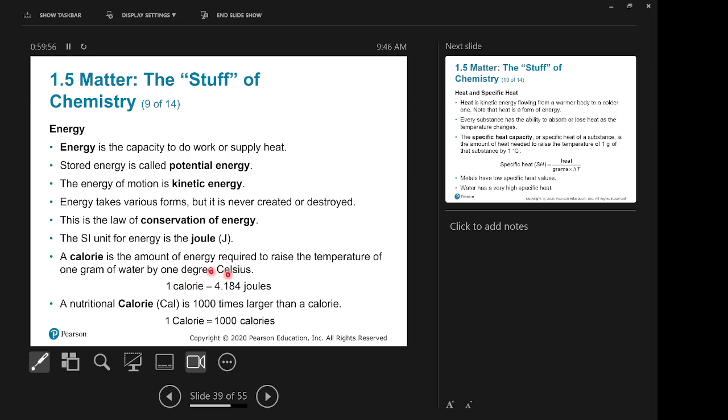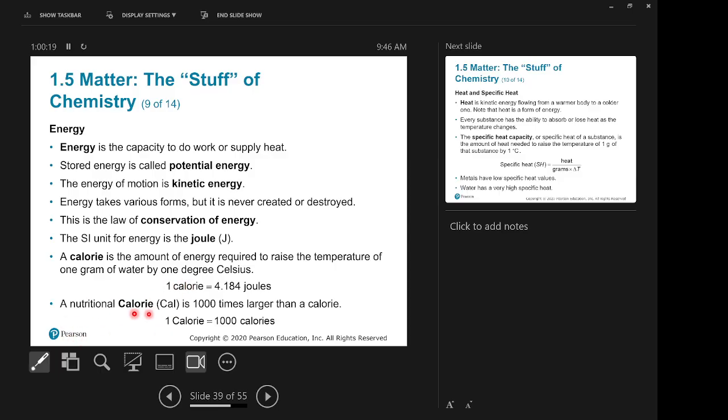And that's an equality that you can then use as a conversion factor, right? Notice that what I'm giving you here are equalities that can be used as conversion factors if you need. The nutritional calorie is actually a capital C calorie. It's actually a kilocalorie. I don't know why they didn't just say kilocalorie. It would have made life easier.